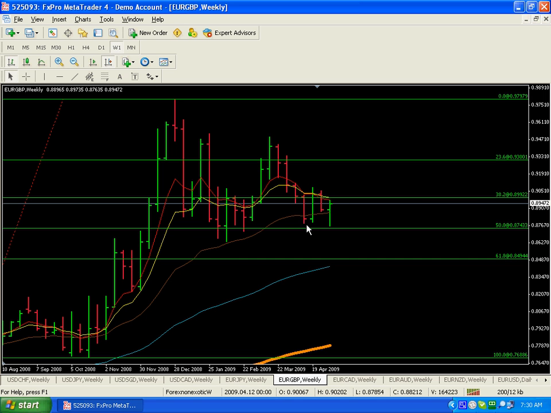The nose is not long, it's still within the range of this reconciliation here of this price, but it's from the 50% retracement, and the low of the bar is 0.8763.